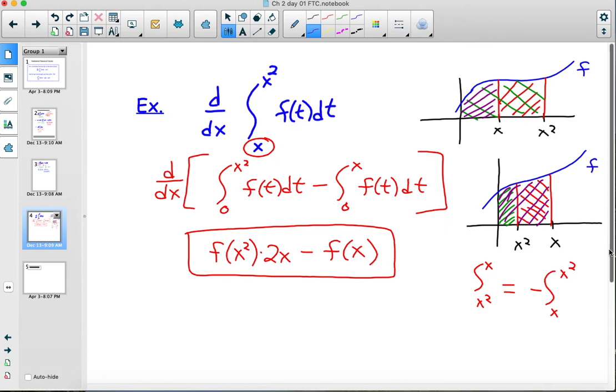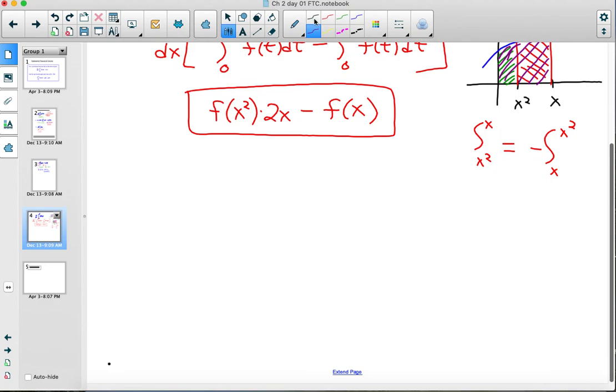So the main idea in all of these is knowing that when you do the integral from a constant to some function of x, when we find the derivative with respect to x of this, it's just going to equal f of x.